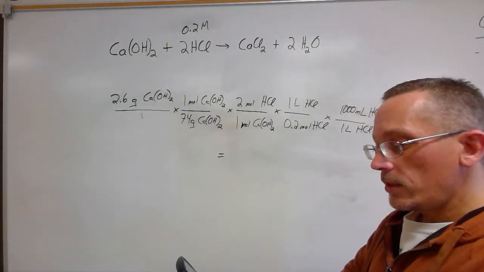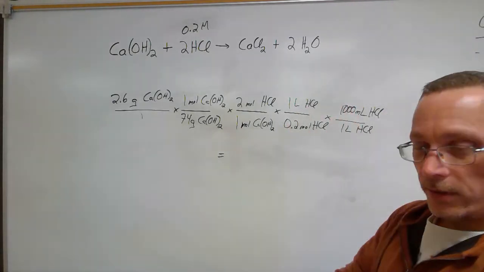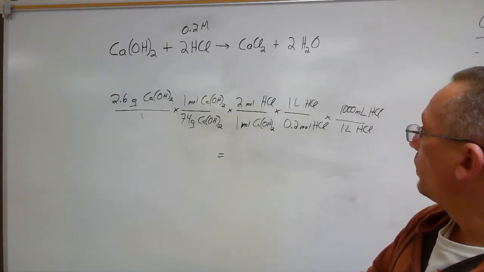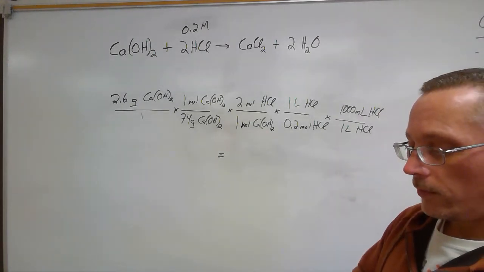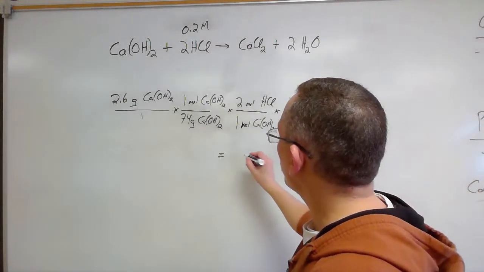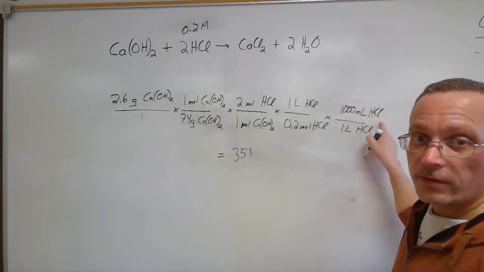So I have 2.6 times 2 times 1,000 divided by 74 divided by 0.2. And I get about 351. And of course that is milliliters of HCl.